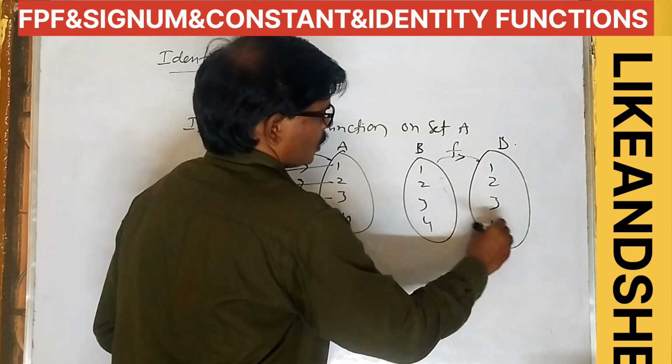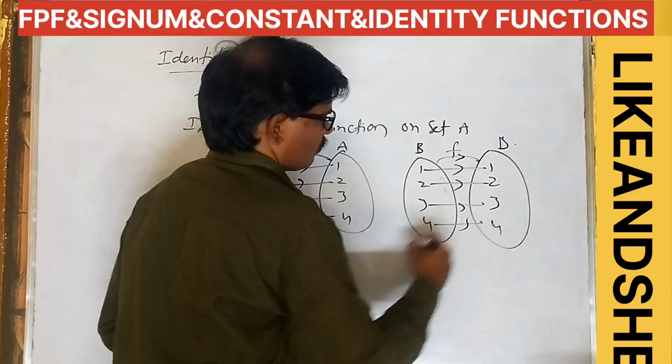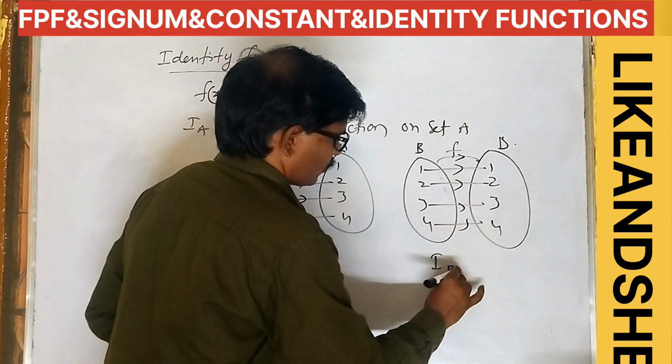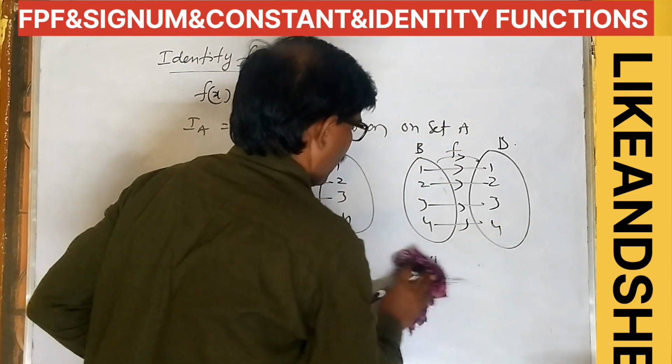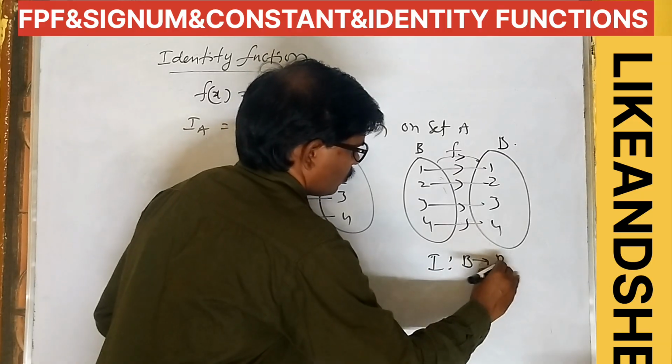The same mapping: 1 to 1, 2 to 2, 3 to 3, and 4 to 4. I maps B to B is an identity function.